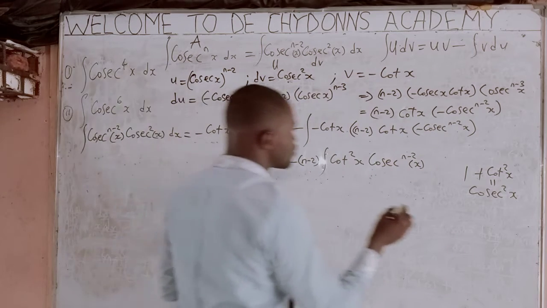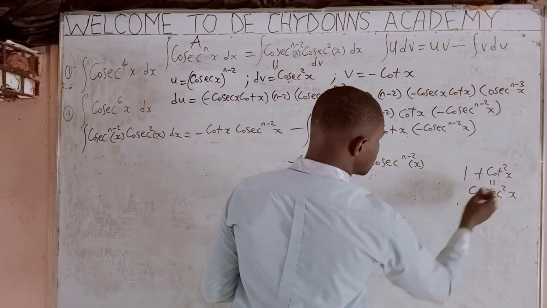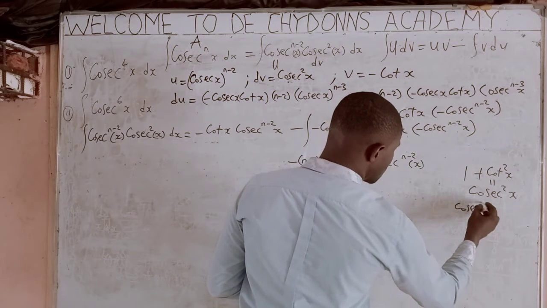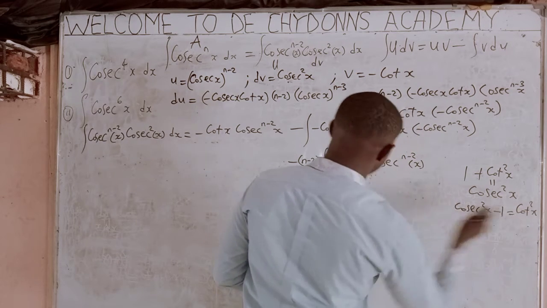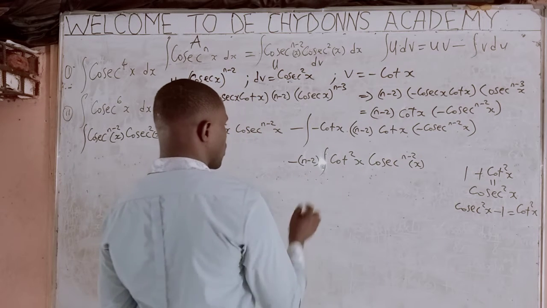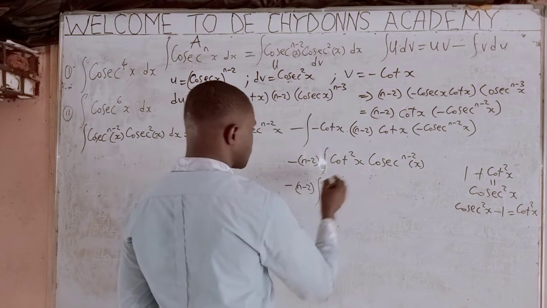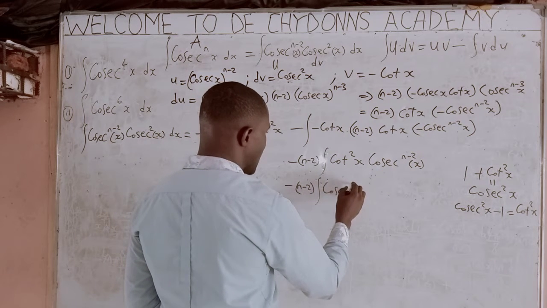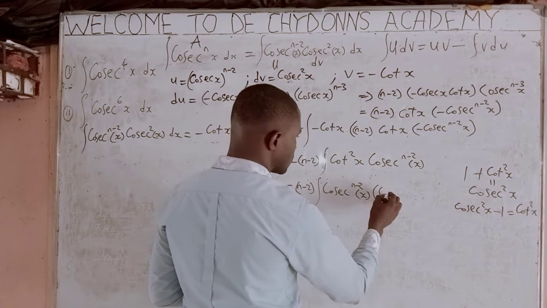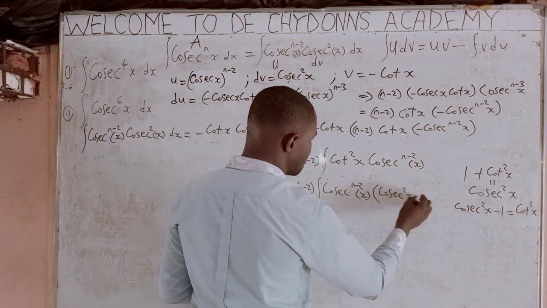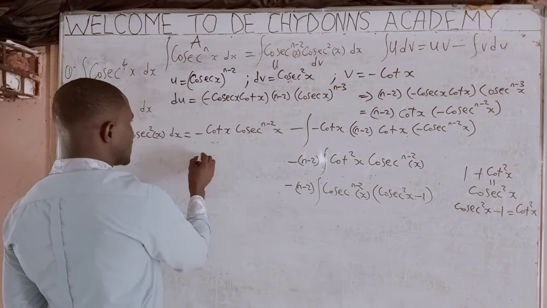So cot squared x will be equal to cosec squared x minus 1. So we have cot squared x here. We come again and say minus (n minus 2) integration of cosec^(n-2) x times (cosec squared x minus 1).